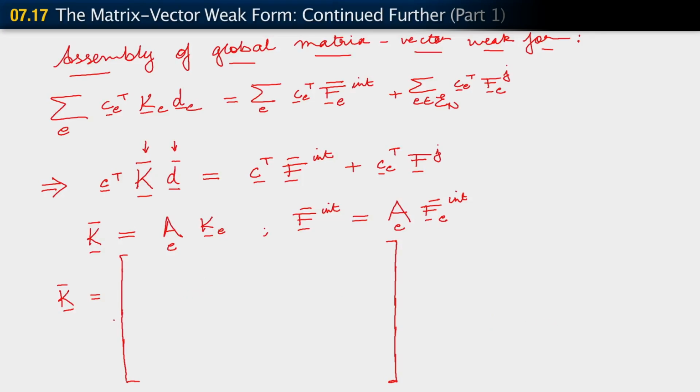Let's suppose we are looking at the contributions to the particular row and column corresponding to the A bar degree of freedom. Okay, this is where the A bar degree of freedom arises.